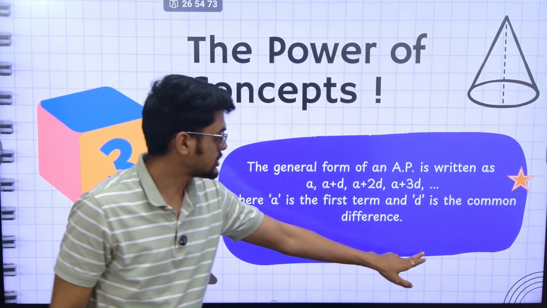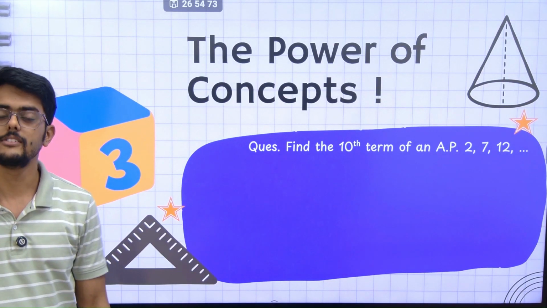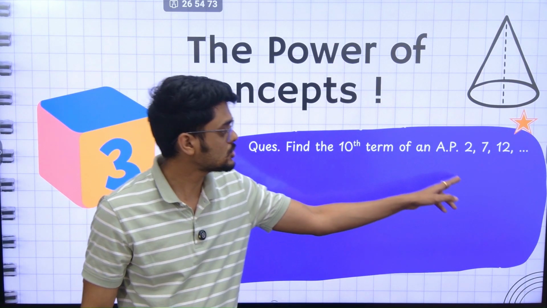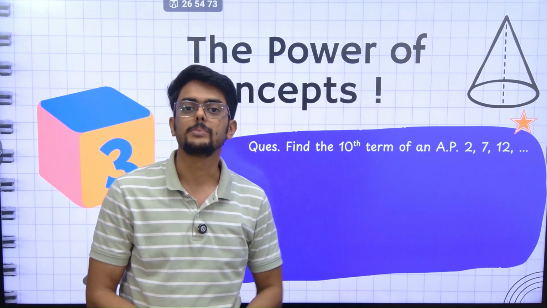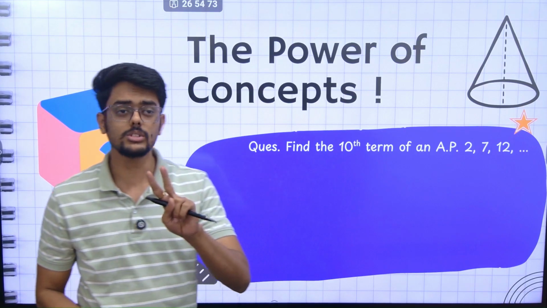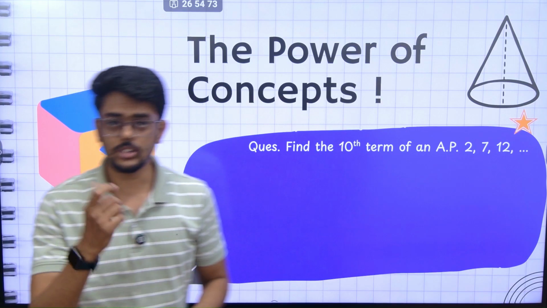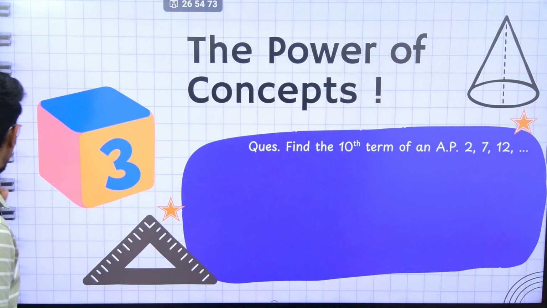Let's understand this with the help of an example. We have an AP over here as 2, 7, 12. Now, dearest prodigies, come on, give your best and tell me two things over here. What is the first term and what is the common difference over here? Come on, give it a try.